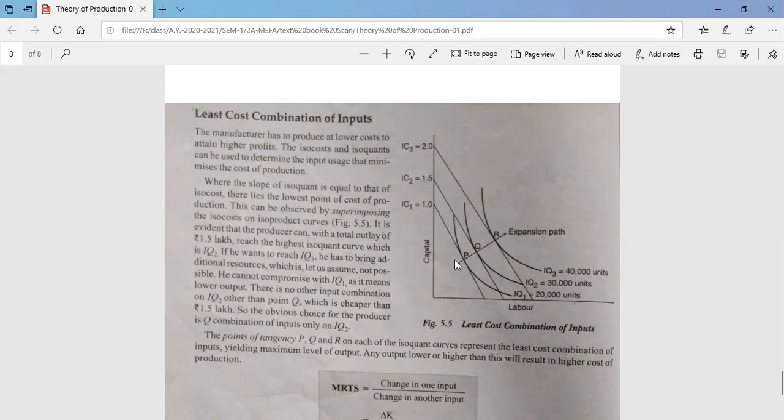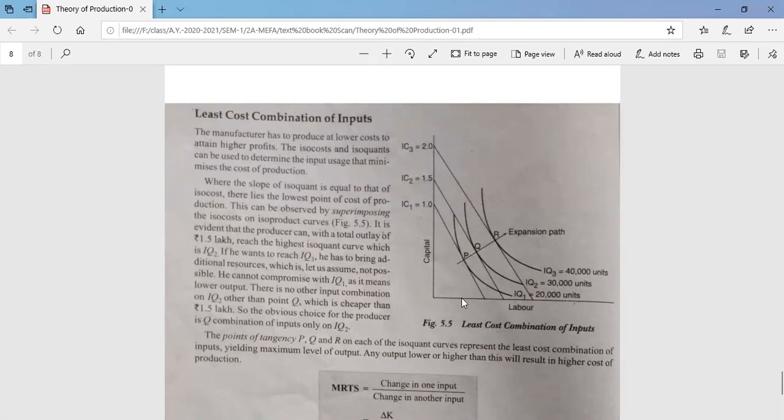That means if I want to produce 20,000 units, this particular point is the best one. This combination of labor and capital, that means to produce 20,000 units, I require a minimum value of labor, which is this one.